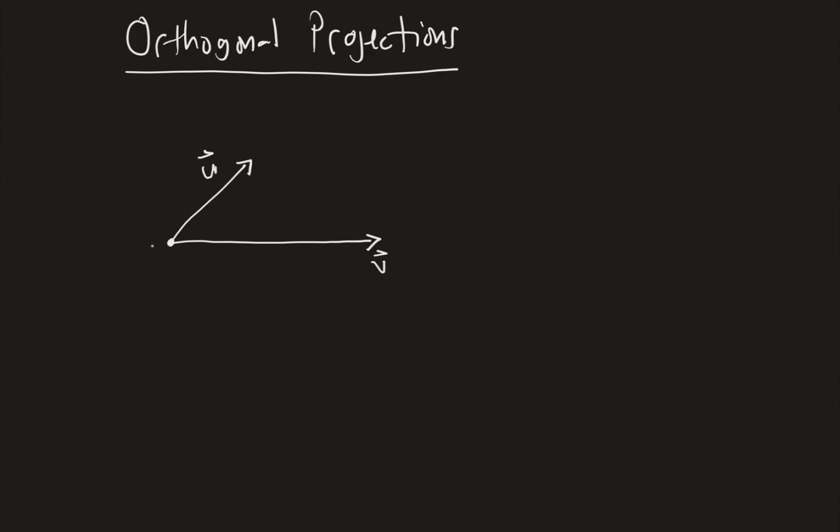We want a third vector that is a scalar multiple of v. So it has to be somewhere, let me just do this dotted. We can say that it has to be in the span of v, and we want it to be as close as possible to the terminal point of u.